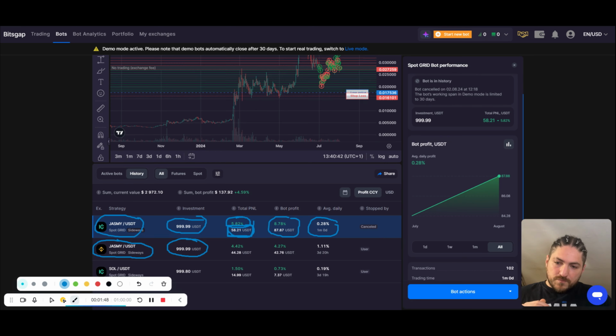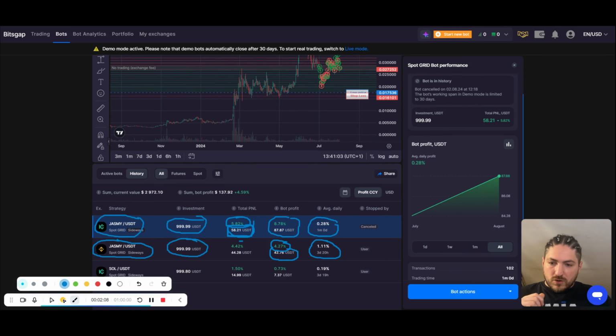Now, bot number two has been running for 3 days and 20 hours. It's doing 1.11% a day on average. Bot profit is done 4.27%, and in USDTs it's done 42.76.